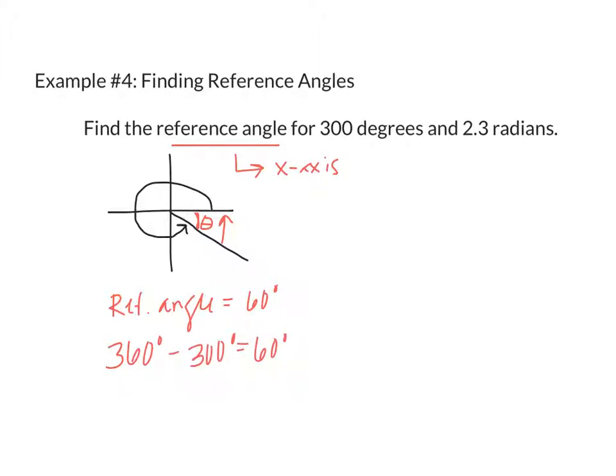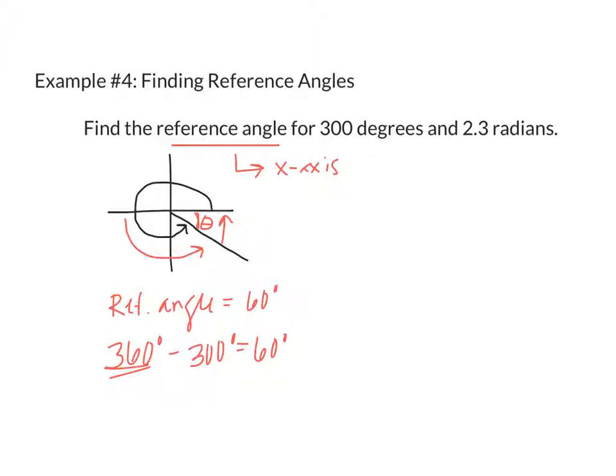And I knew I was going to use 360 because it was already past 180. If it's before 180, then you would say 180 minus whatever. But in this case, we're not.